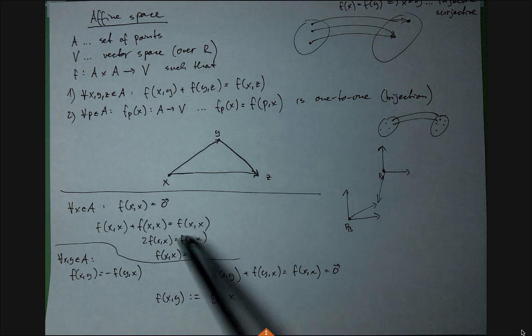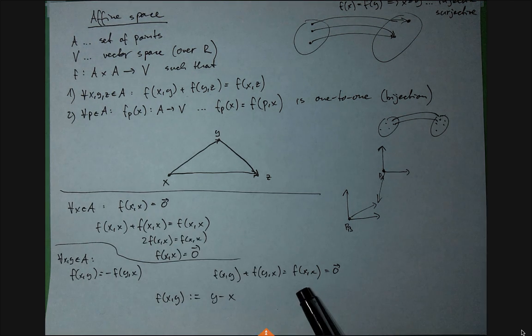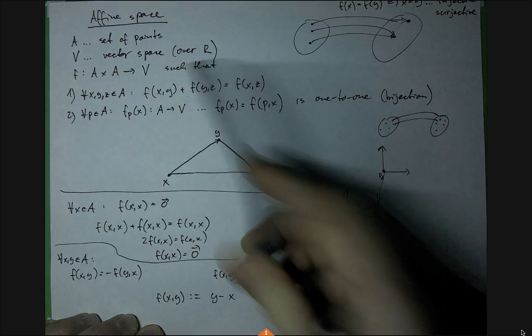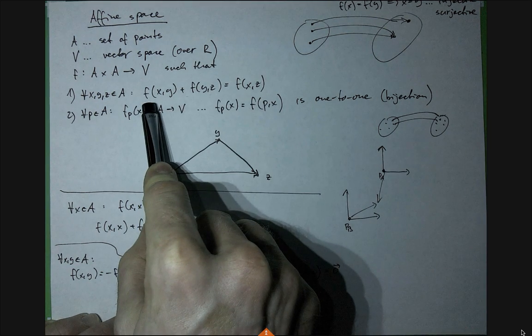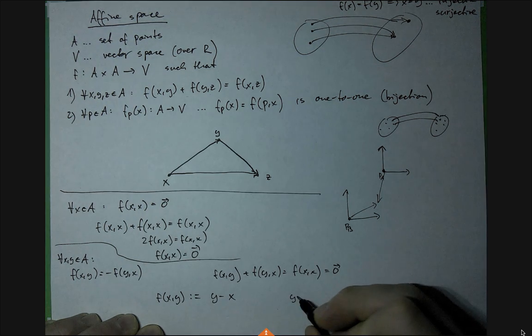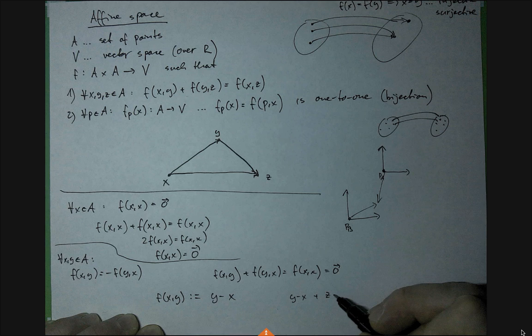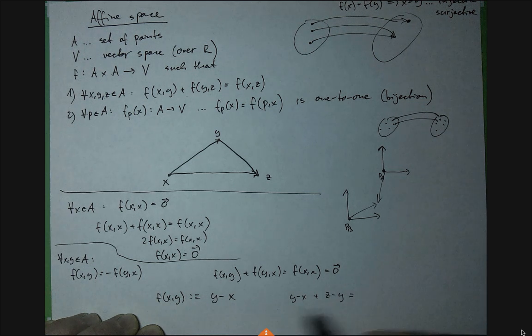And this sort of gives you the picture, right? Actually, it even makes sense if I plug the subtraction into the defining property number 1. I get y minus x, that's fxy, plus z minus y, and that gives me z minus x.